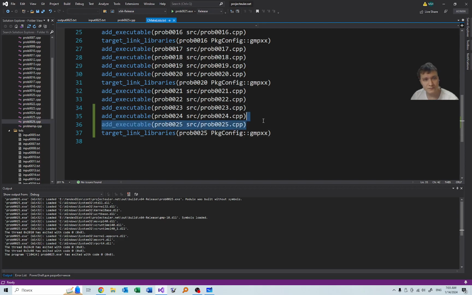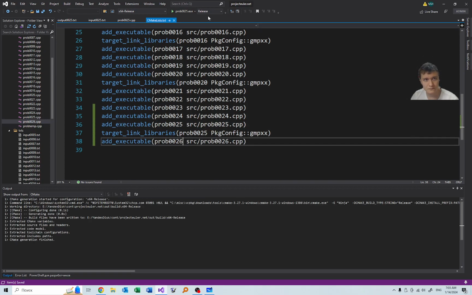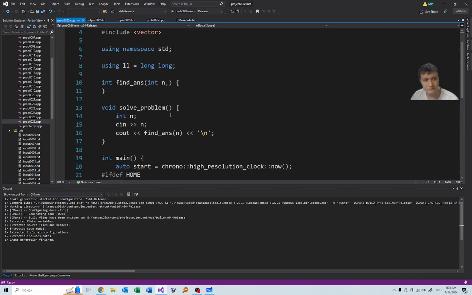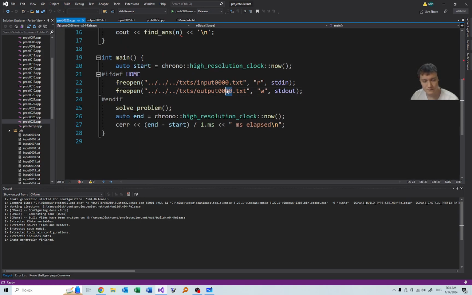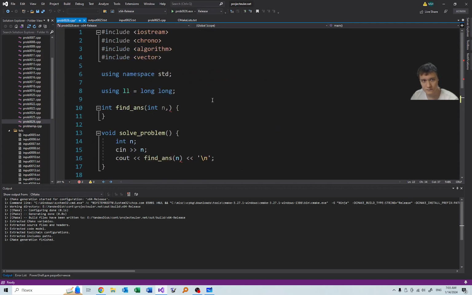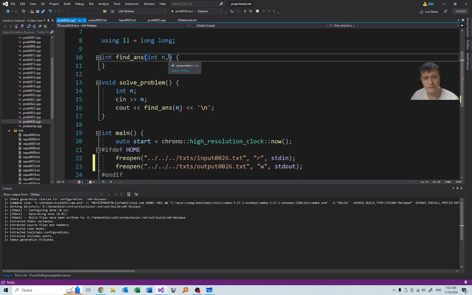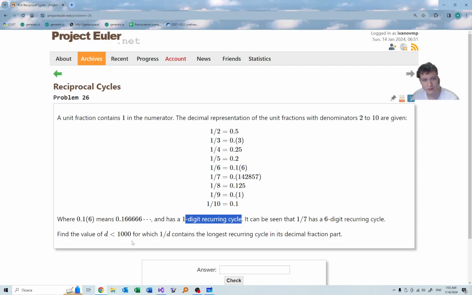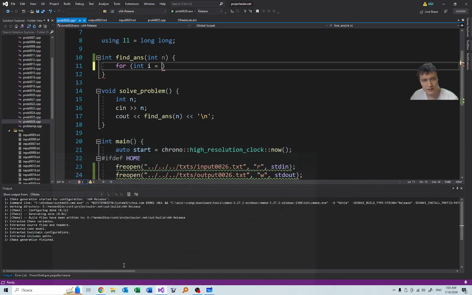Okay, to solve this problem, we need to go through all numbers from 2 to less than n.